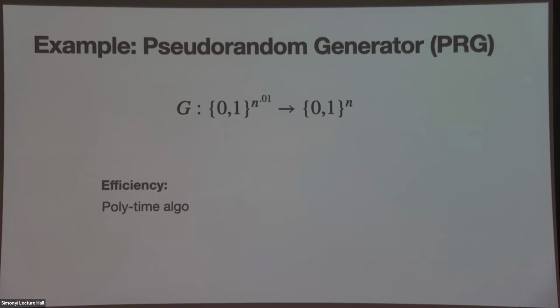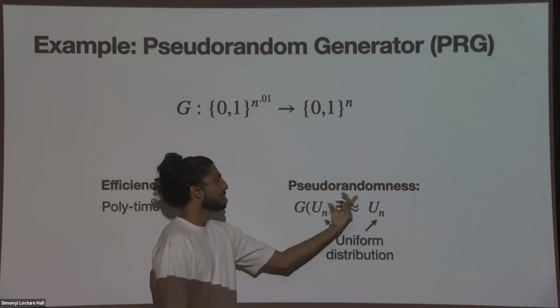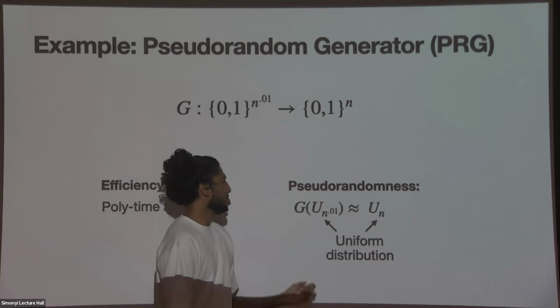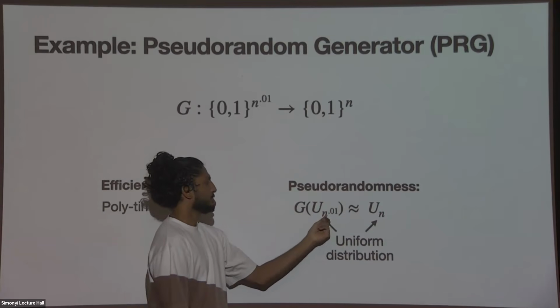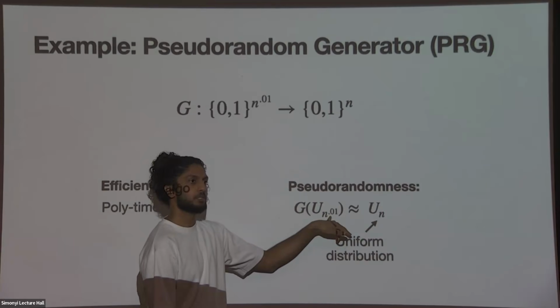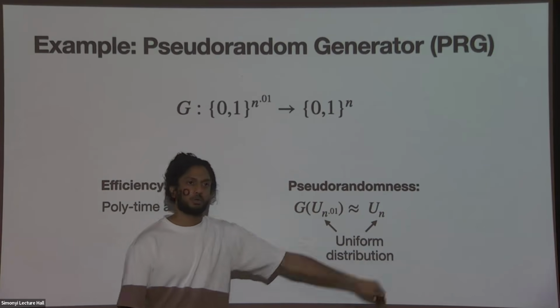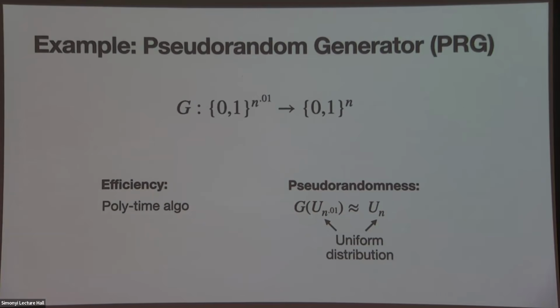So in particular, the two properties we want: we want this algorithm to be efficient, it runs in polynomial time. And the second property we want, which I've expressed succinctly here, is some sort of pseudo-randomness property, which says that if you look at the distribution induced by running G on a uniformly random bit string of length n^0.01, that's computationally indistinguishable from uniform on n bits. Okay? Good. Any questions about this? Hopefully this makes computational indistinguishability quite clear.